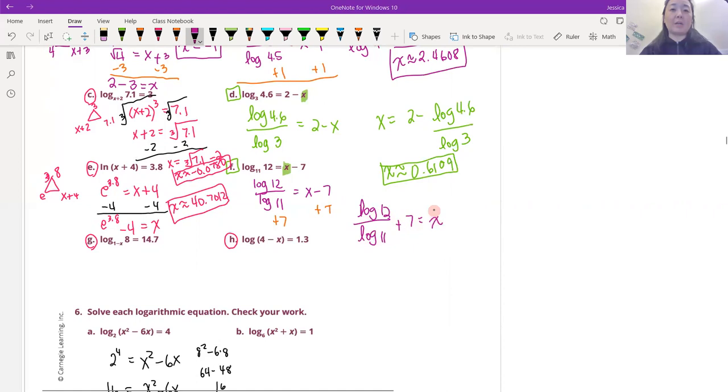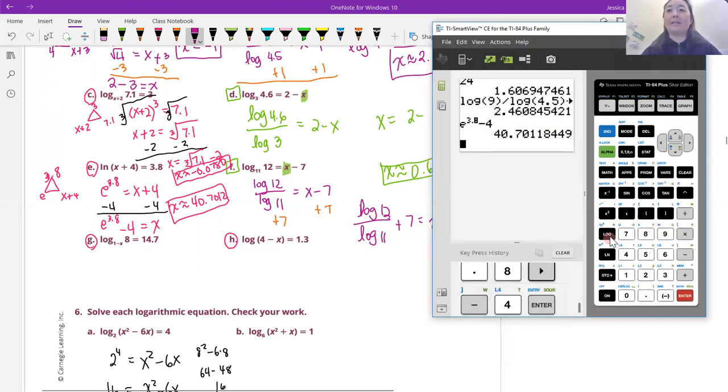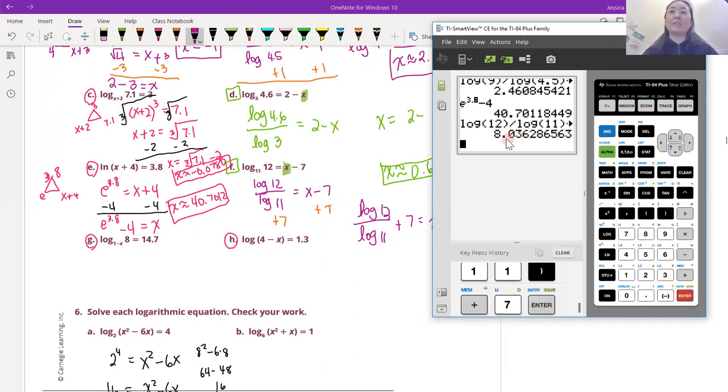So we'll get our calculator out. Log of 12, close it out, divided by log of 11, plus 7, 8.0363.